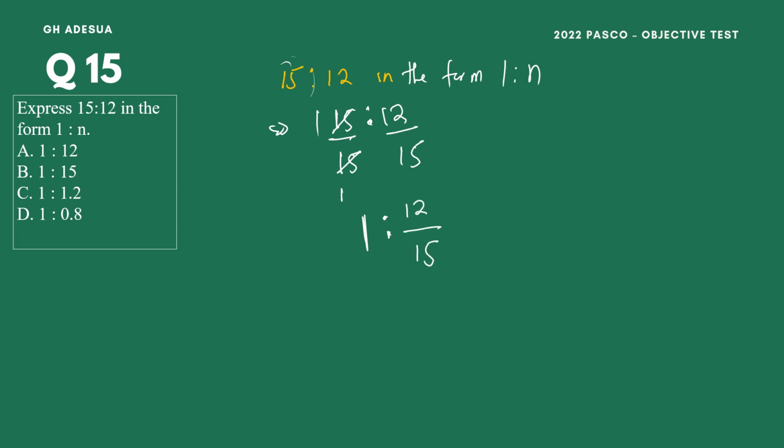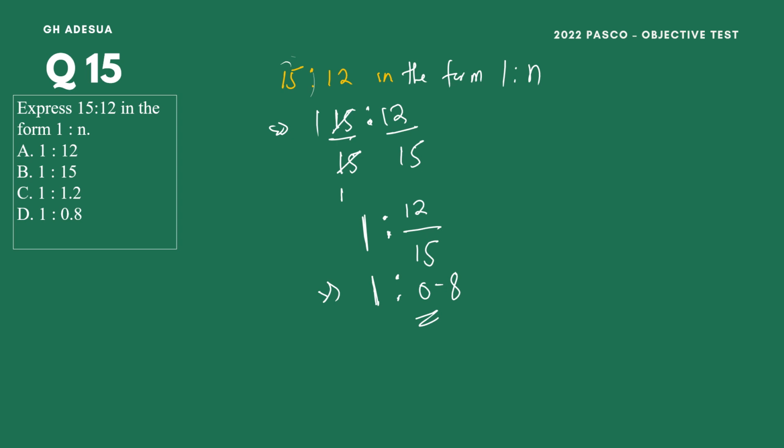Now the 12 over 15, if we break it down into decimal form, we get 0.8. So therefore 15 is to 12 in the form of 1 is to n is 1 is to 0.8.